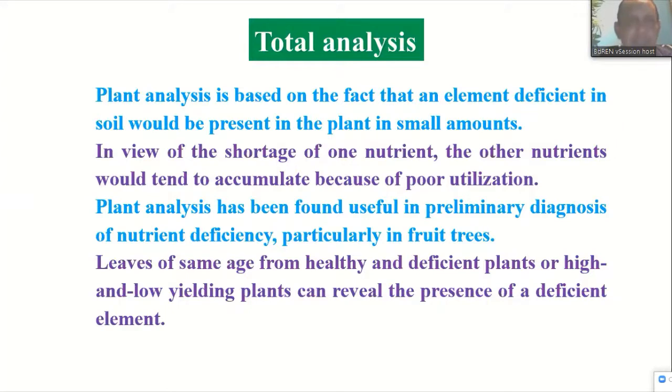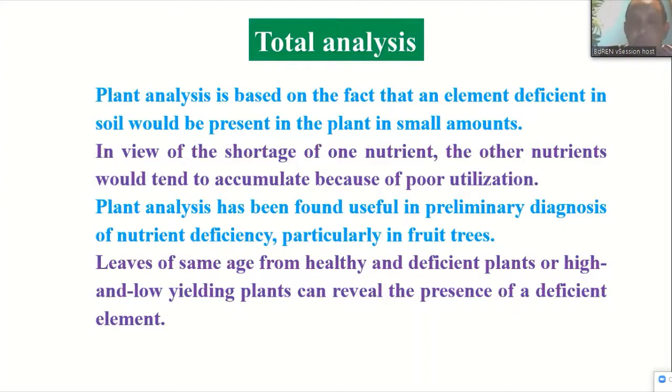Okay. Now total analysis. When we do total analysis, at that time we have to test the leaves of the same age, and consider the level of yield.